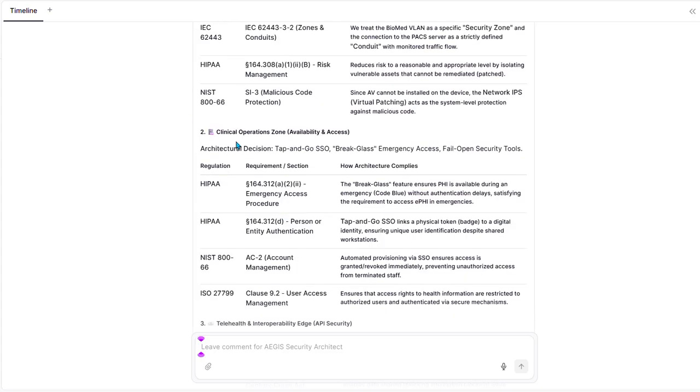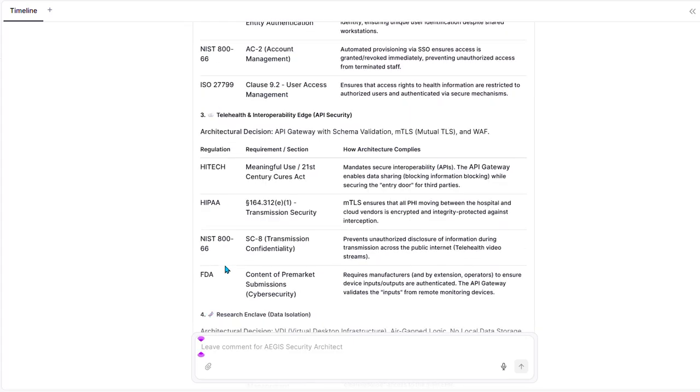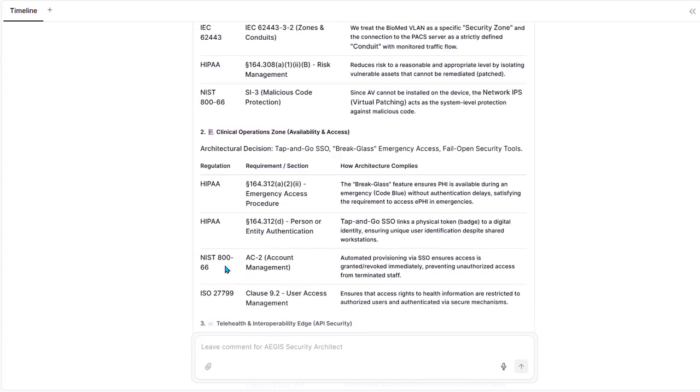The next one is the clinical operations zone. We have the HIPAA, the NIST, the ISO, which also gives us the requirements and how it applies.